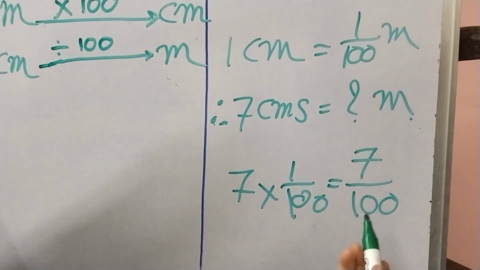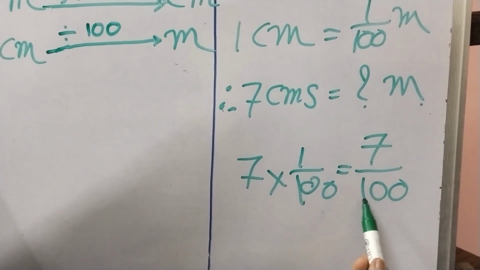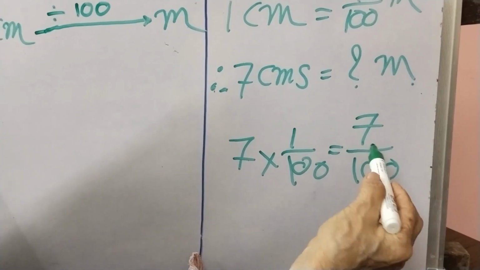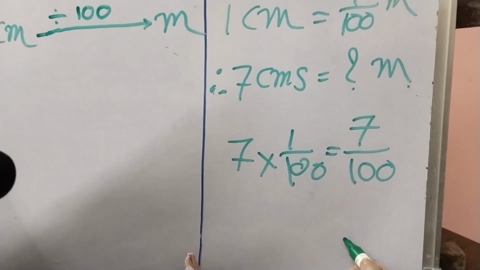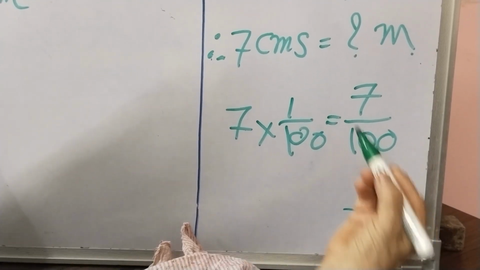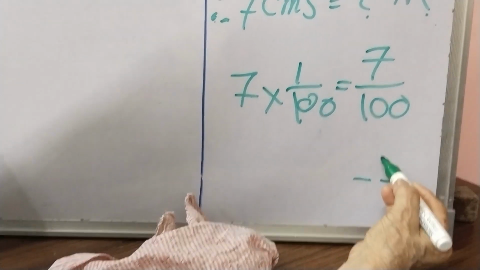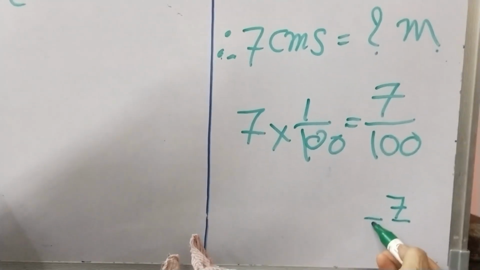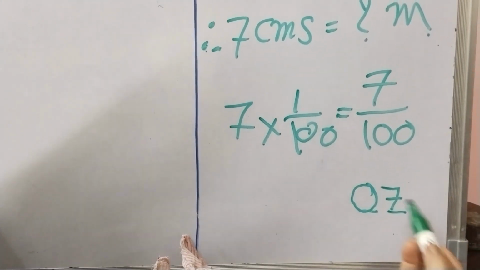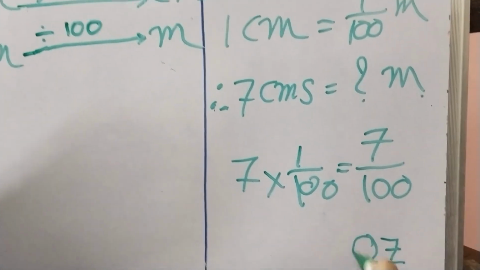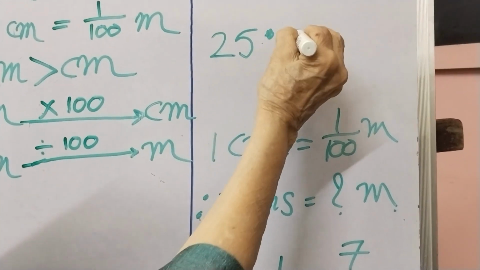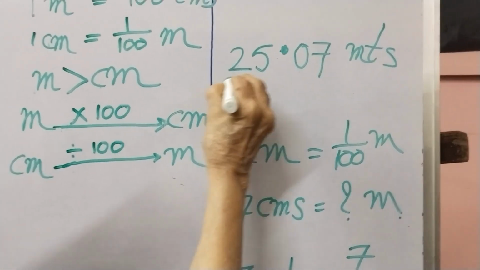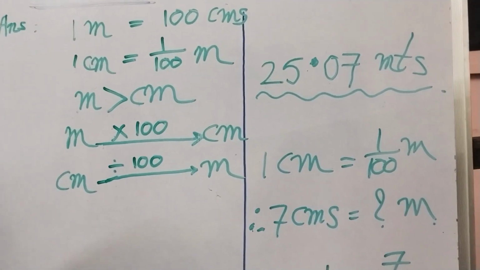Now, here we have to be very alert. On 1 there are 2 zeros. So when we write the decimal point, we are supposed to occupy 2 places. And here is only 1 digit which has to go here, and hence on the first decimal place, we will have to put a 0, and hence our answer is going to be 25.07 meters. This is our final answer.